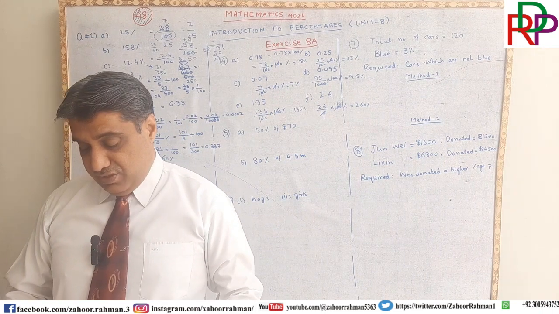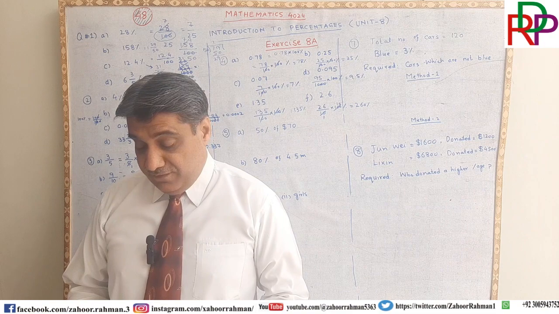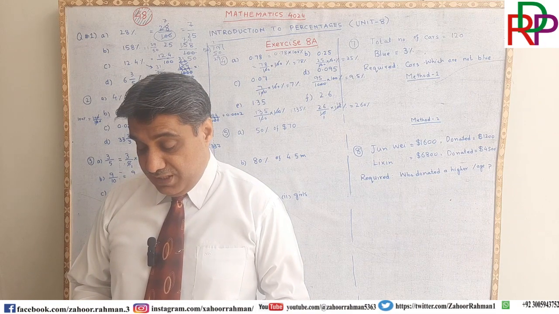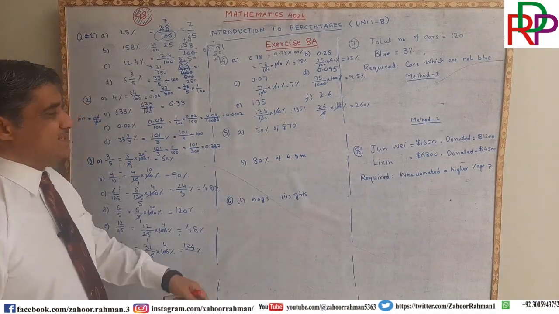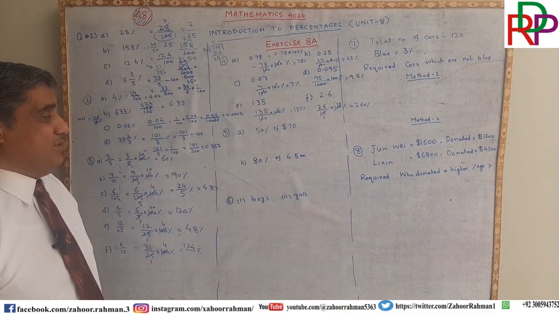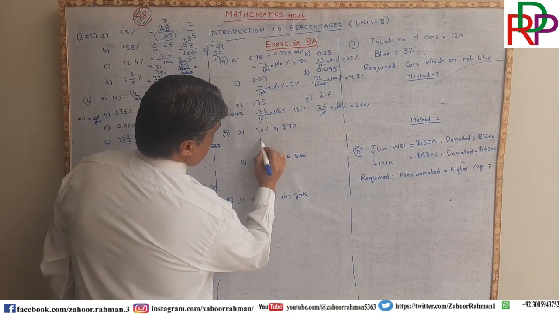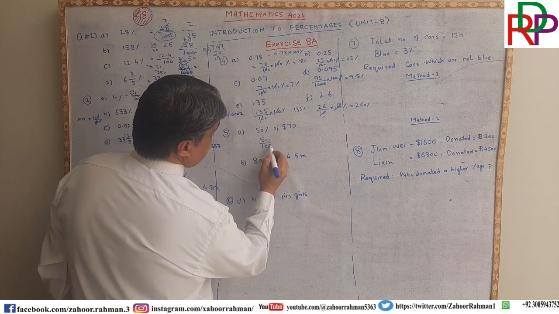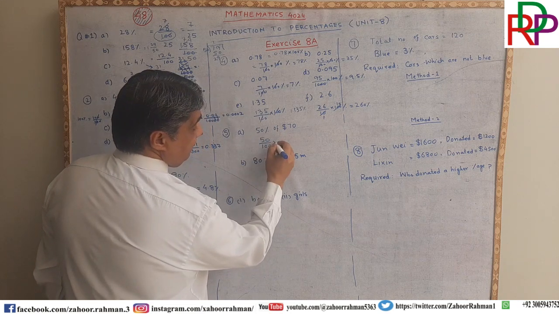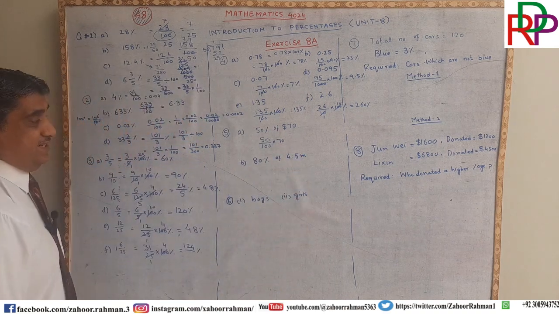Now question number 5. And we are now coming to the mainstream. Find the value of each of the following. 50% of $70. It means that you have to write 50% of means multiplication of 70.